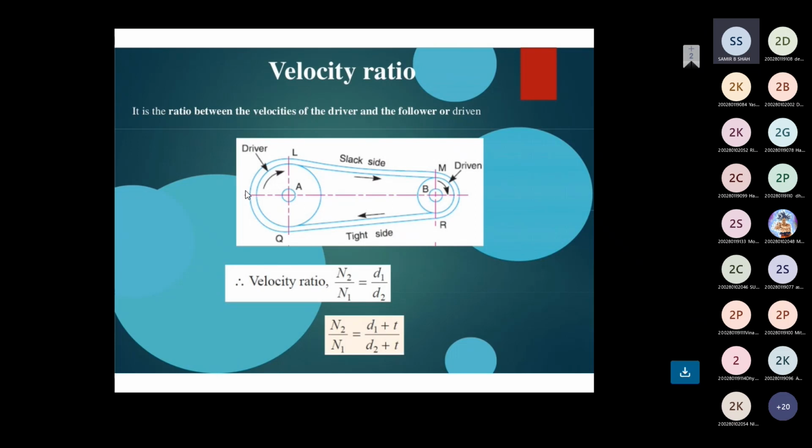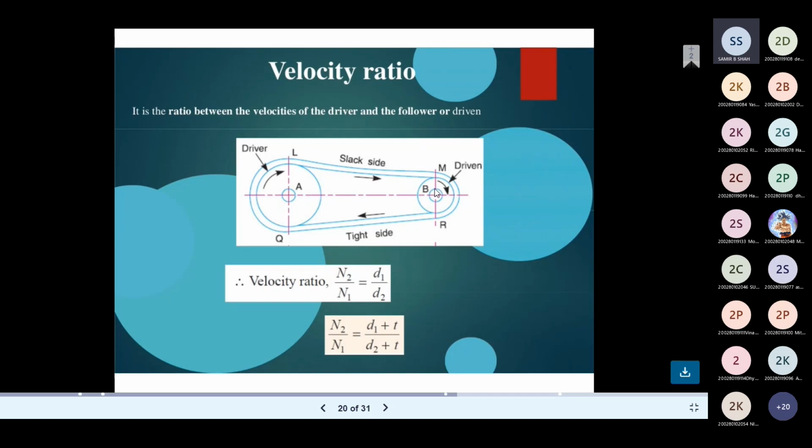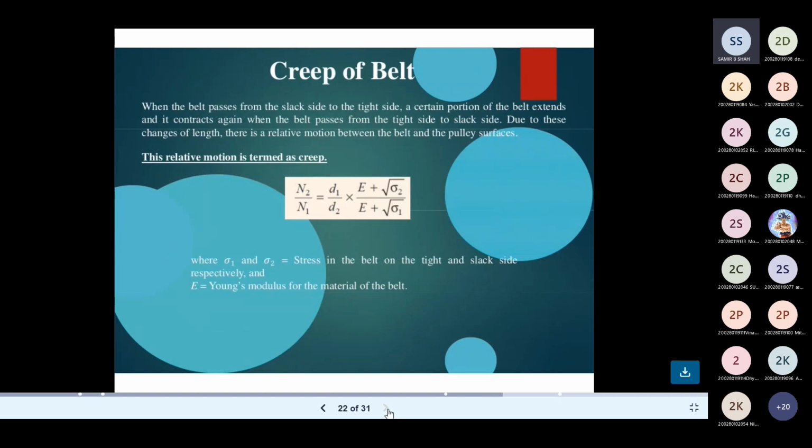There is relative motion between the belt and the pulley surface due to this extension and contraction of the belt, and this relative motion between the belt and pulley surface is known as creep. Okay, and this phenomenon is known as creep. Please remember this. Many times it may be asked in your exam to define or differentiate between slip and creep.